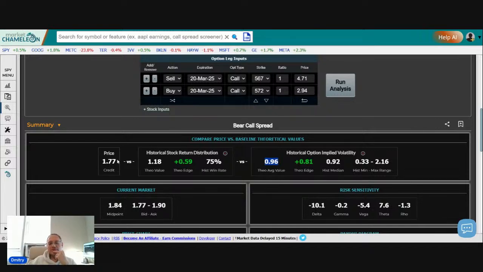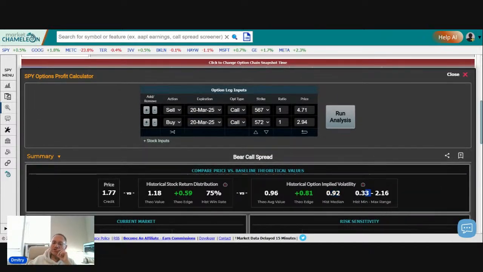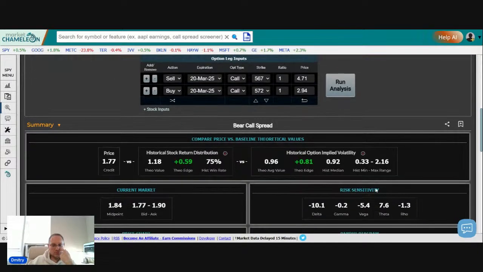Here we're way above that, $1.77. The median value, half the observations were below this amount, half above, is 92 cents. And the range is as low as 33 cents to 216. So we're closer to the higher end of the historical range than the lower, right?